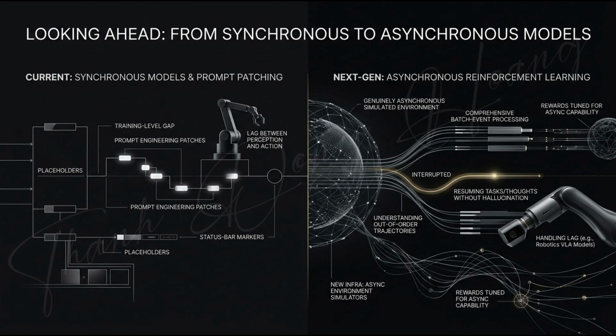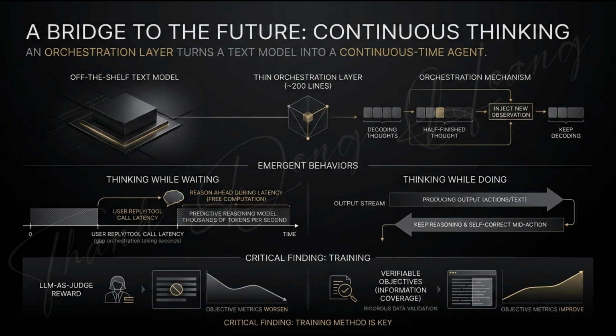The deeper fix is training models through reinforcement learning inside genuinely asynchronous simulated environments to natively handle three things: making sense of events that arrive out of the expected order, resuming an interrupted task without hallucinating that it already finished, and thoroughly processing everything in a batch rather than fixating on one item. This mirrors a challenge robotics models already face, where there's an unavoidable delay between sensing the world and acting on it.